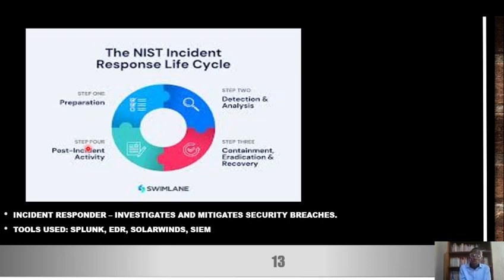The team conducts a post-incident review to analyze what went wrong, what went well, and how the response can be improved for future incidents. This helps strengthen the organization's overall security posture.